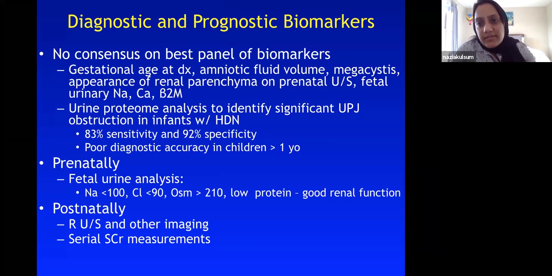Again, to do an invasive test like this is going to be a challenge, and it is typically done in patients where you feel like you're going to do fetal surgery. So it's not standard practice in most places, but if you are able to do it, it does help you prepare the family ahead of time prior to birth, telling them the chance of kidney failure. Otherwise, postnatally, as I told, serial sonograms and creatinine measurements would be the best test you will have.